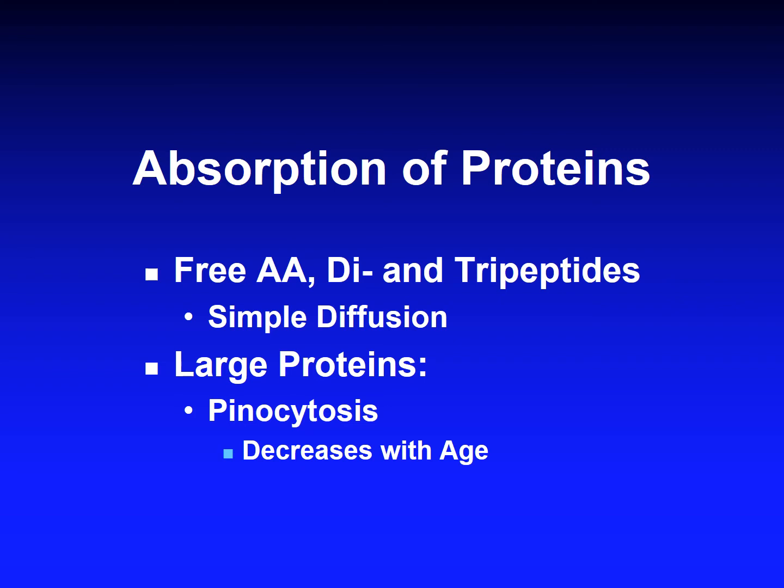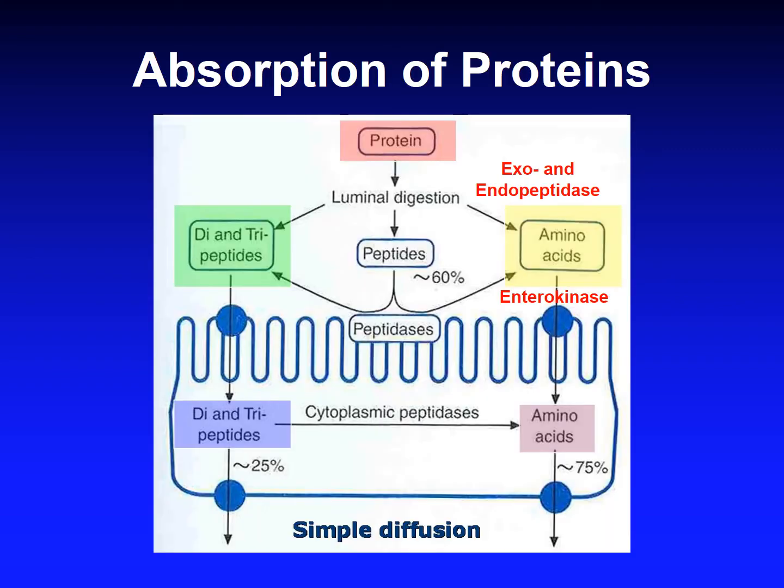Let's take a look at the summary of the protein digestion here. This is a summary slide of protein absorption. Protein in the lumen of the gastrointestinal tract, the oral cavity, the stomach and the intestine, is attacked by exo and endopeptidases.